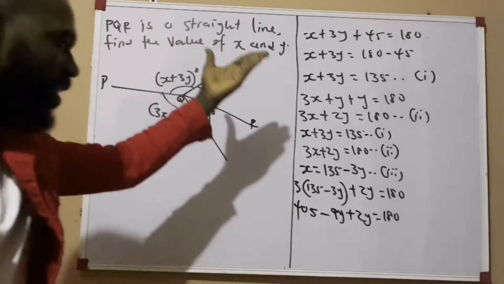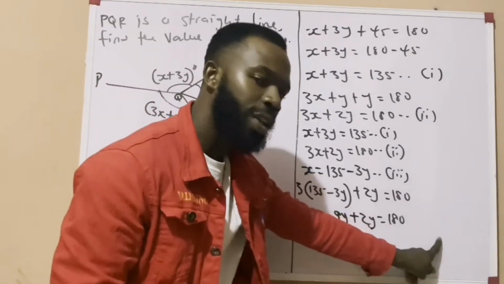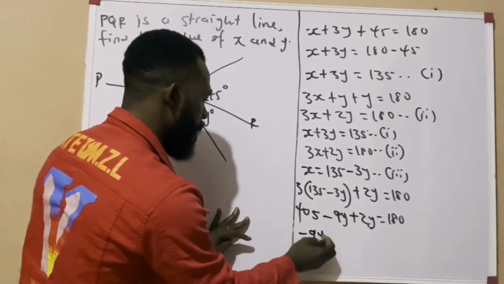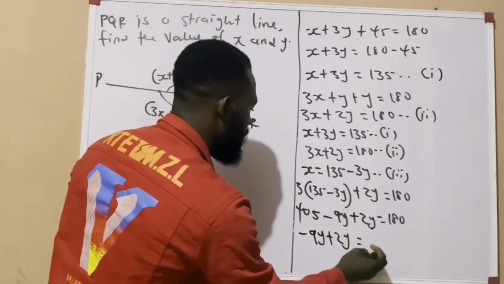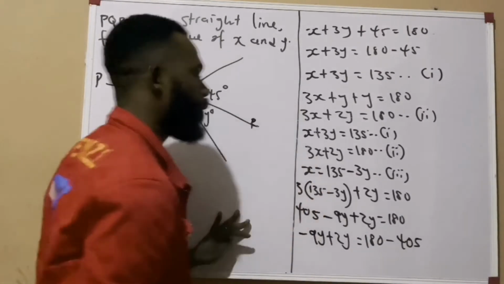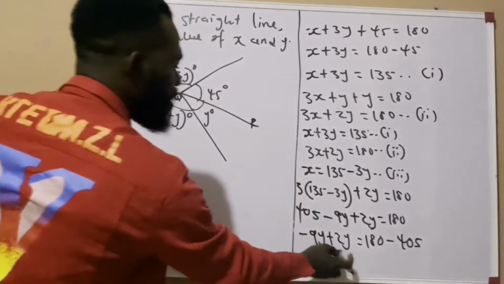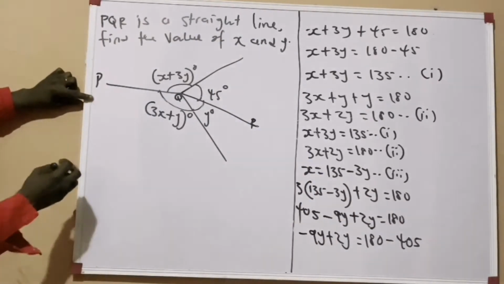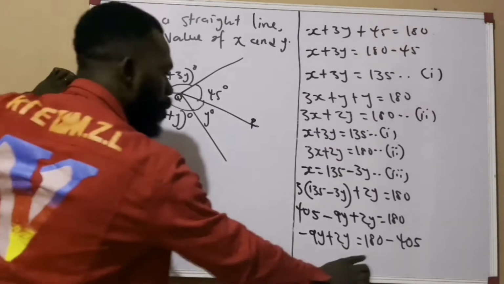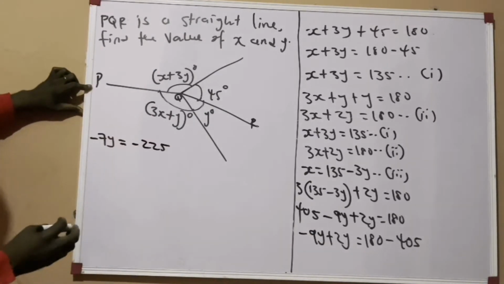Now we collect like terms. 405 crosses the equality to join 180, and what we have left is minus 9y plus 2y equal to 180 minus 405. Now minus 9y plus 2y gives us minus 7y, equal to 180 minus 405, which gives us minus 225.